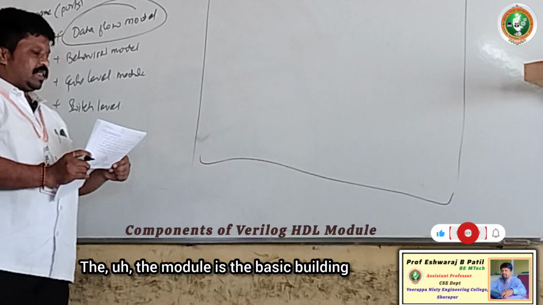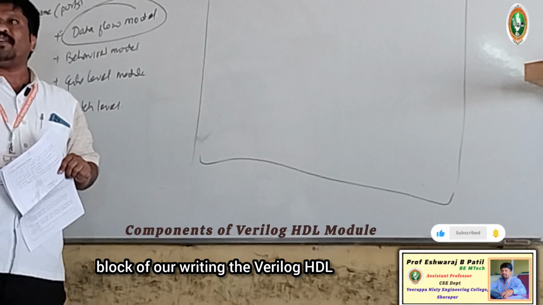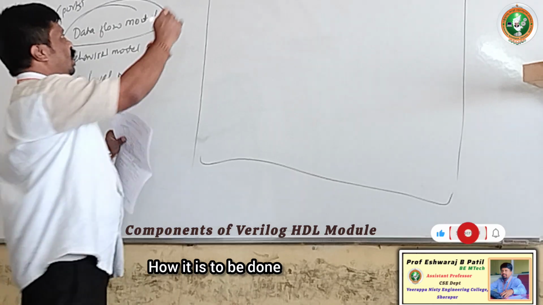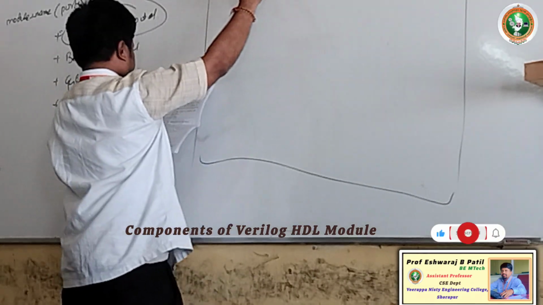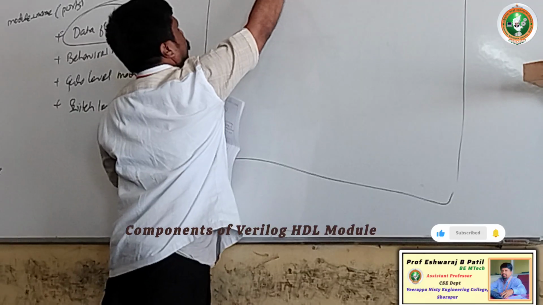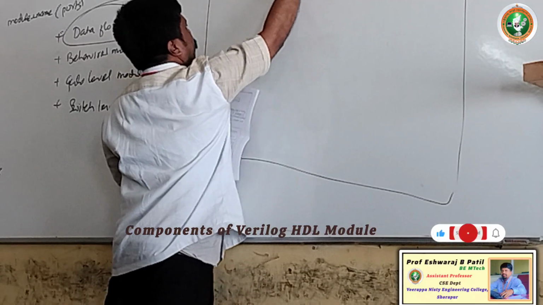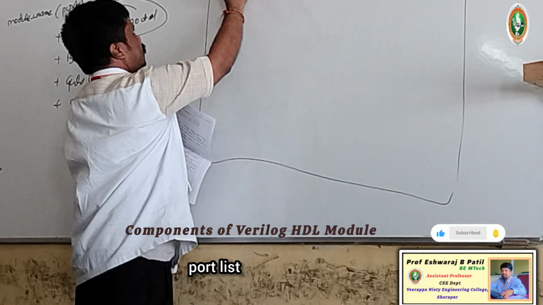Here the module is the basic building block of writing Verilog HDL. How is it done? Always start with the module, module name, port list.